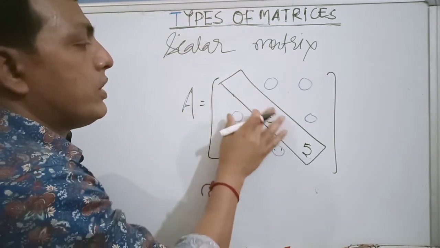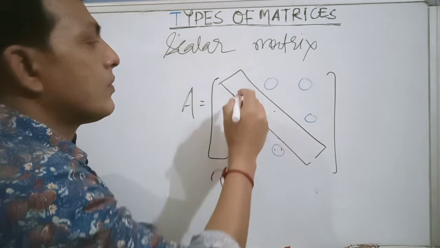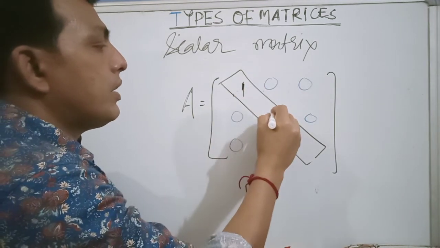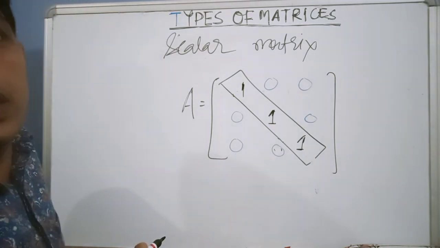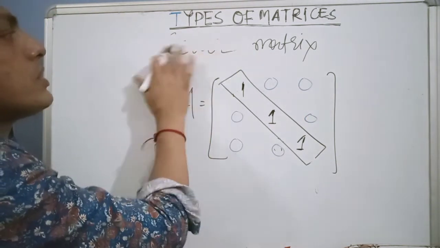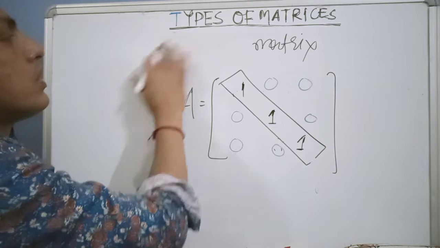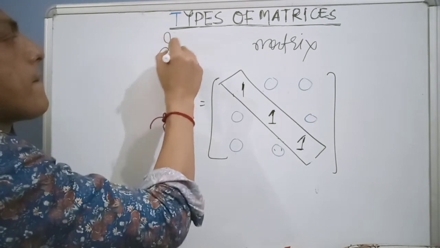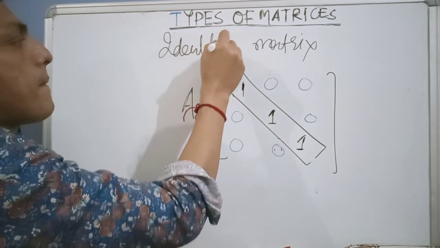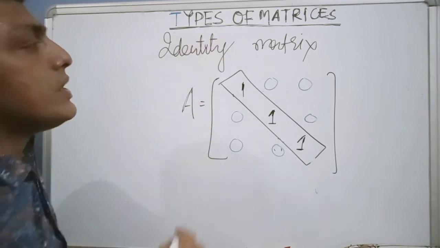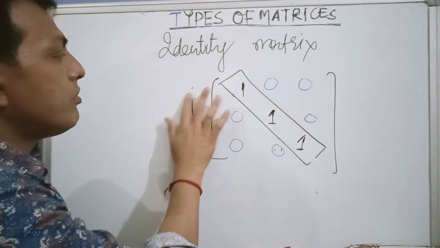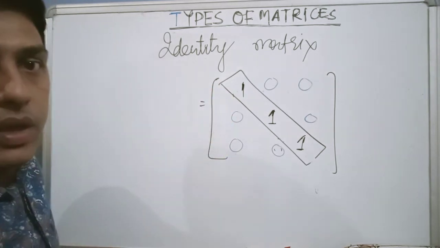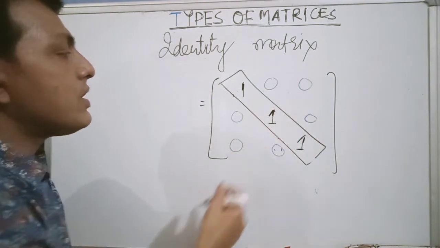The most important: make them equal, but take it as 1. So this becomes the identity matrix. Correct? So the symbol will be changed. This is the identity matrix.